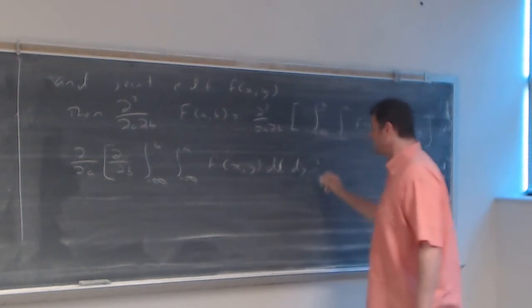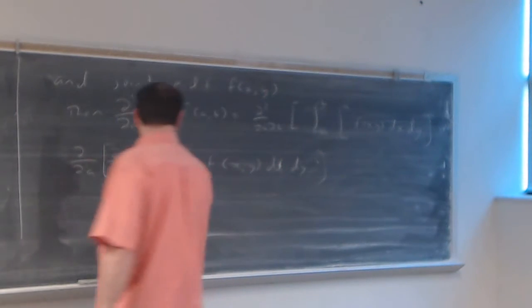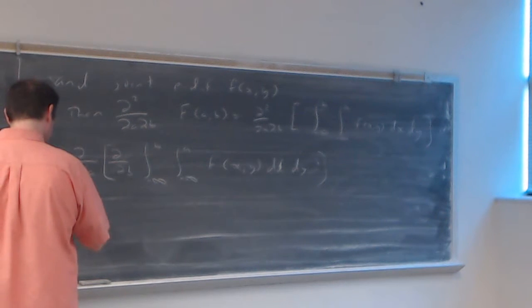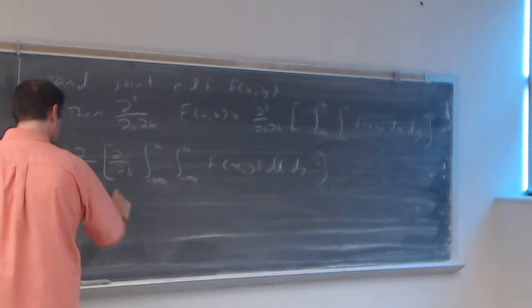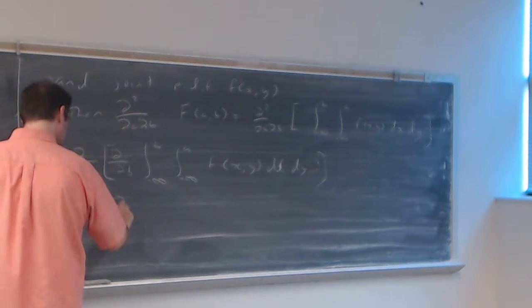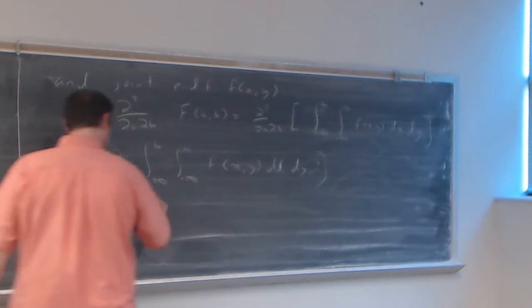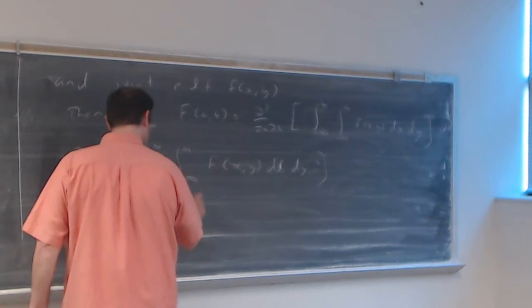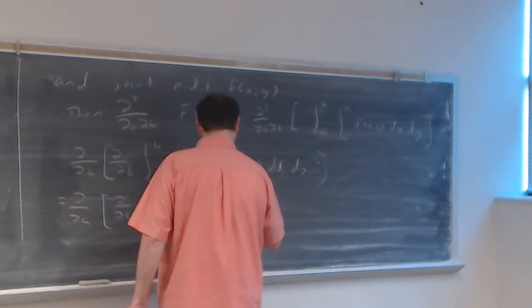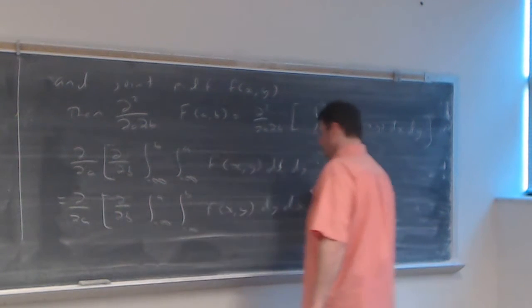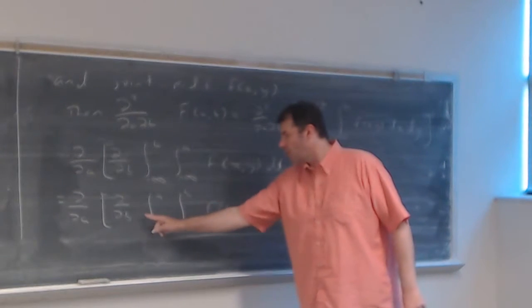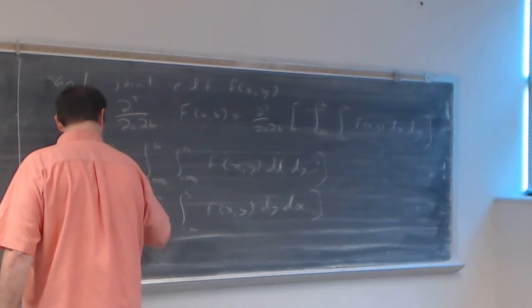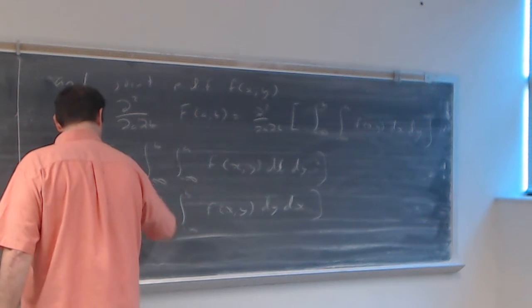Then I believe I'm going to switch the order of integration. I'll rewrite this with minus infinity to a, minus infinity to b, f of x comma y, dy dx. And then here, we can bring this derivative inside this first integral, because it's with respect to x, it doesn't have a b in it.